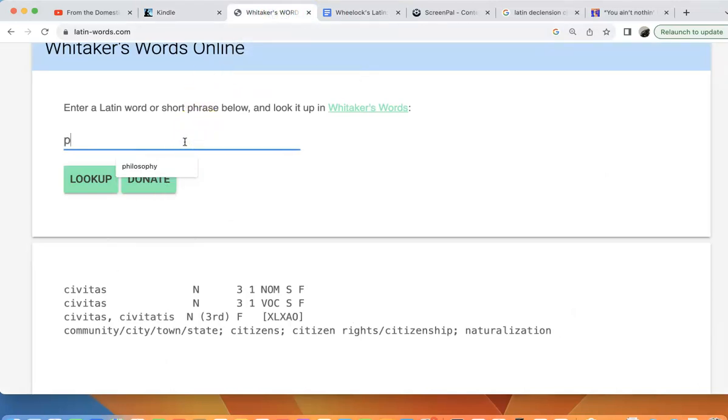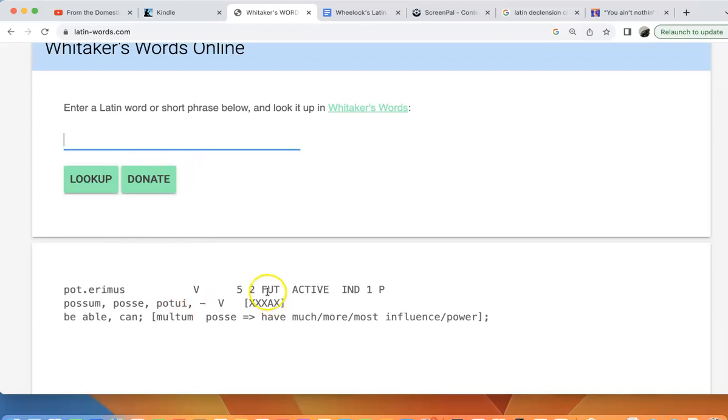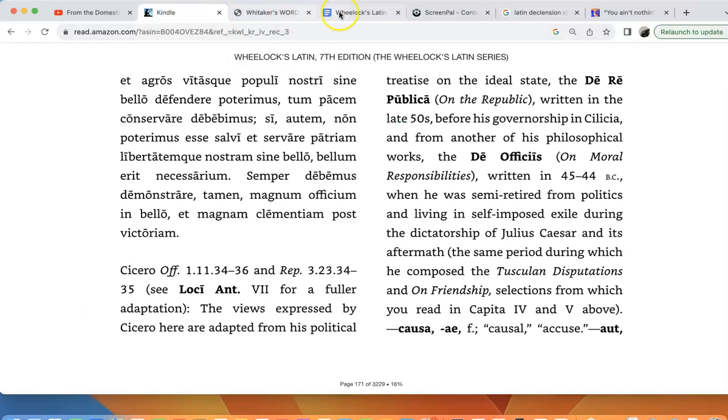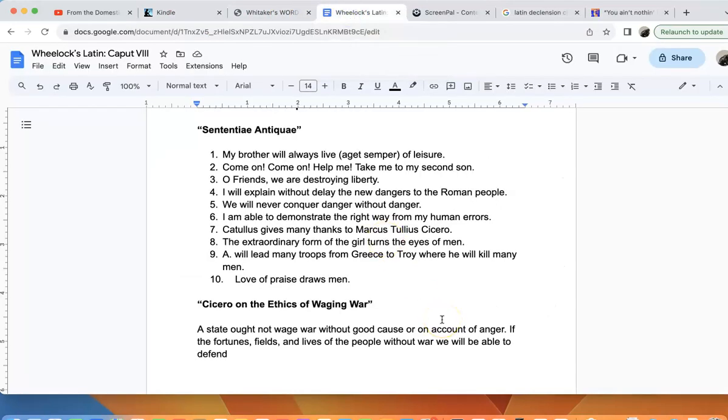Again, we can confirm that right here. Yeah, so it's future tense. So if we will be able, but English likes that subject verb earlier, so we might want to say if we will be able to defend. So let's go ahead and just change that.